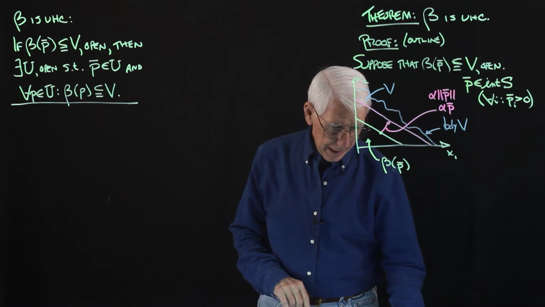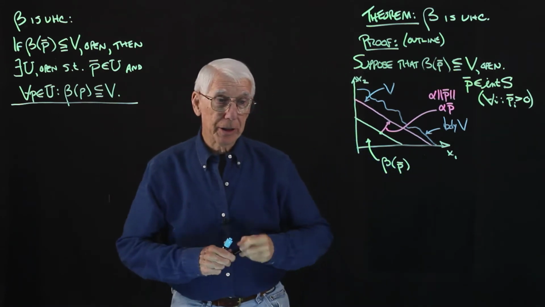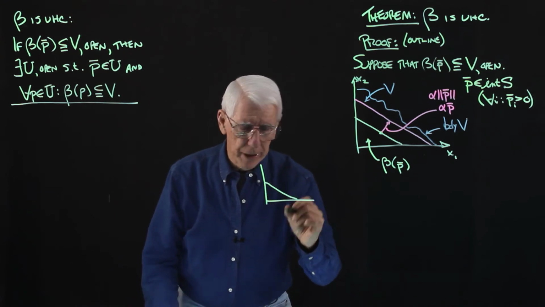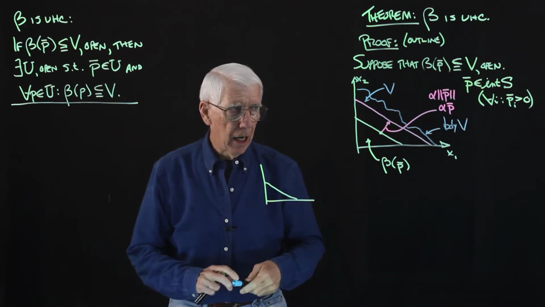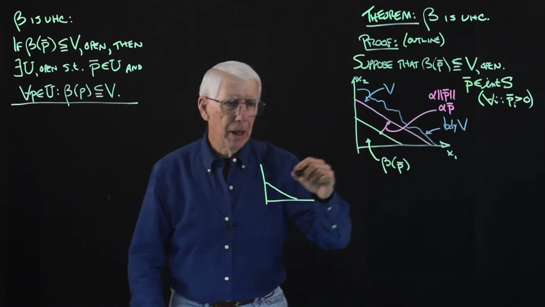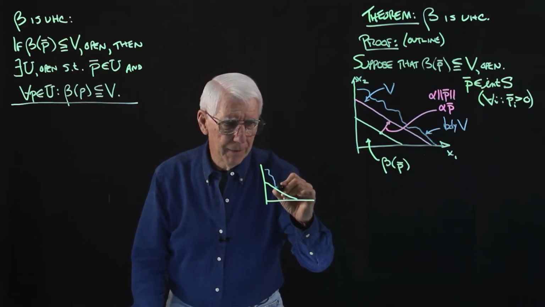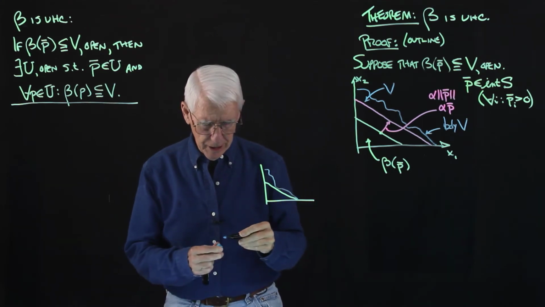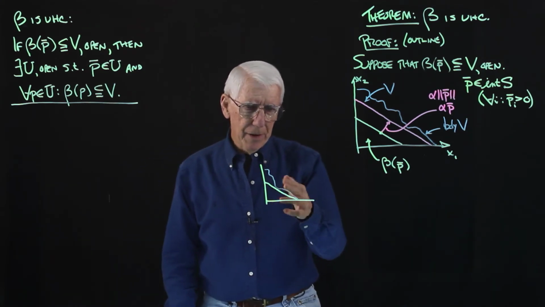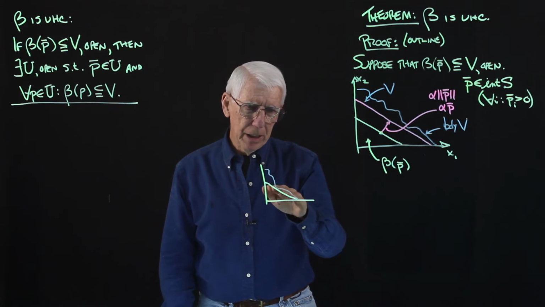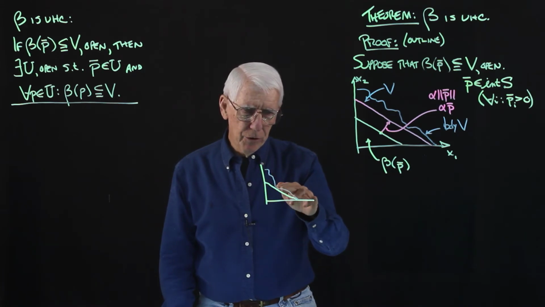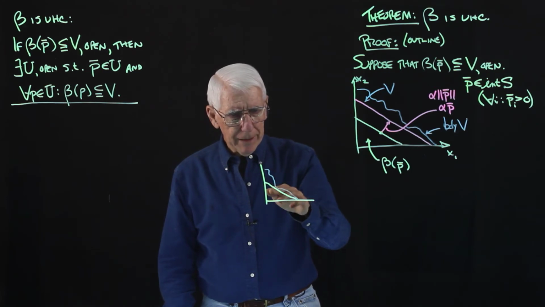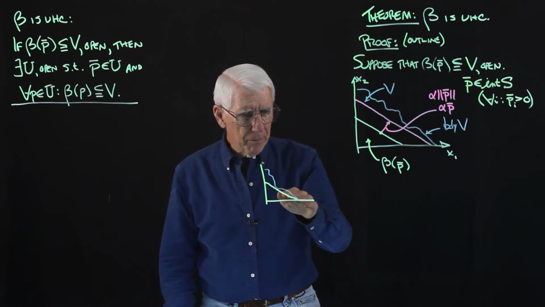But what if the picture actually looked instead like this? Budget constraint here, and our blue boundary of V here, maybe looking like this. So here, the distance between the budget constraint and the boundary of V is 0, even though the boundary of V might not coincide with the budget constraint.